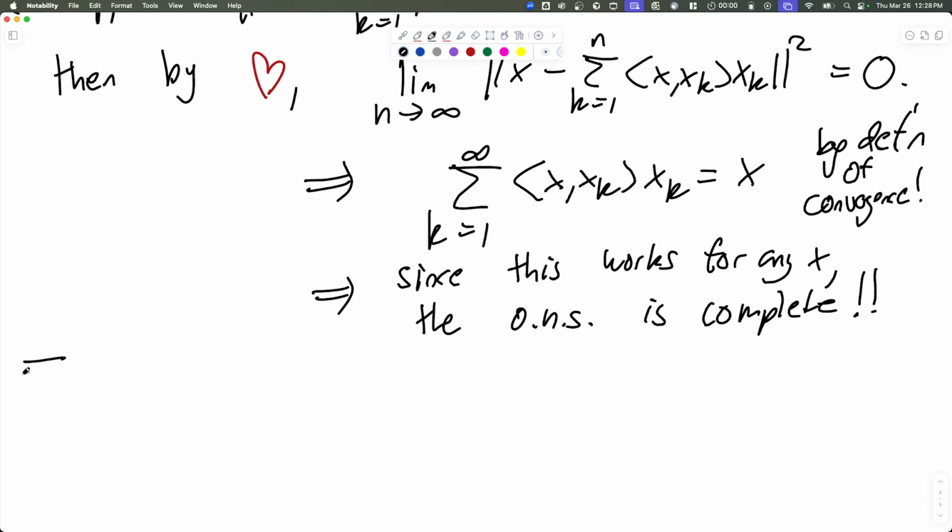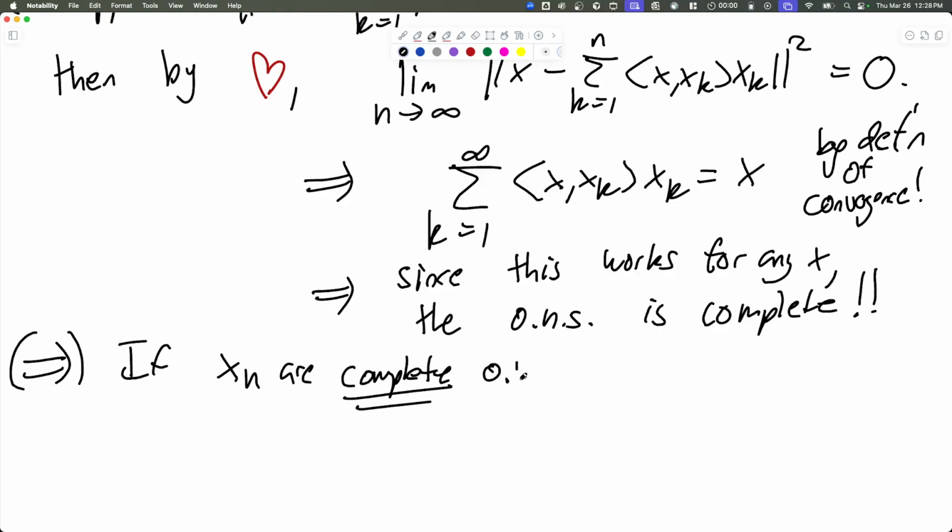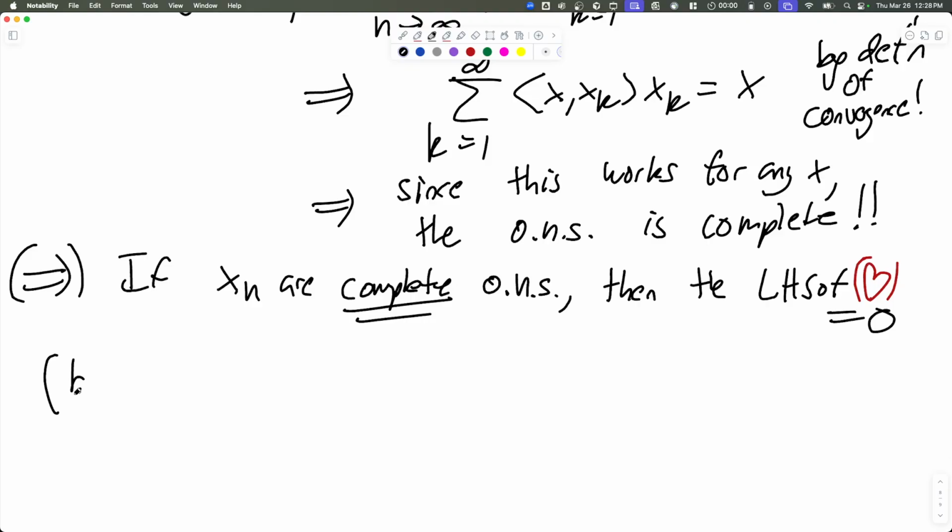Very good. So if the xn are a complete orthonormal sequence, then the left-hand side of heart equals 0, by definition of x equals the infinite sum.